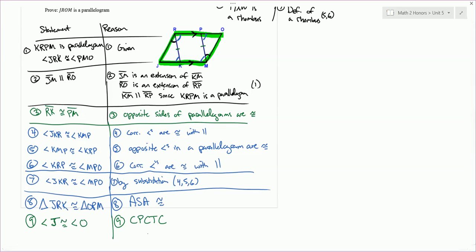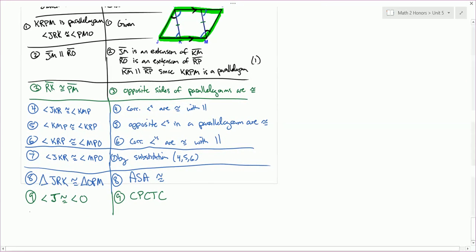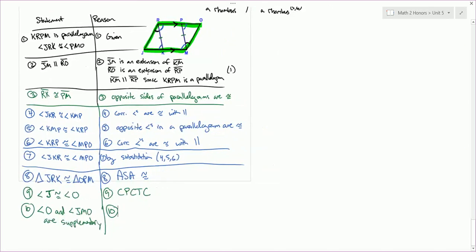We can say that angle O and angle JMO are supplementary, since RPKM is a parallelogram in our given.